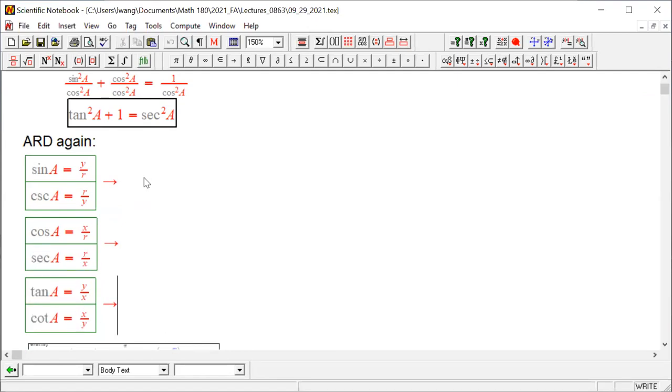What do we see? What's the relationship between sine and cosecant? We have covered the domain, right? In this situation, they're reciprocals, absolutely. What does reciprocal mean?